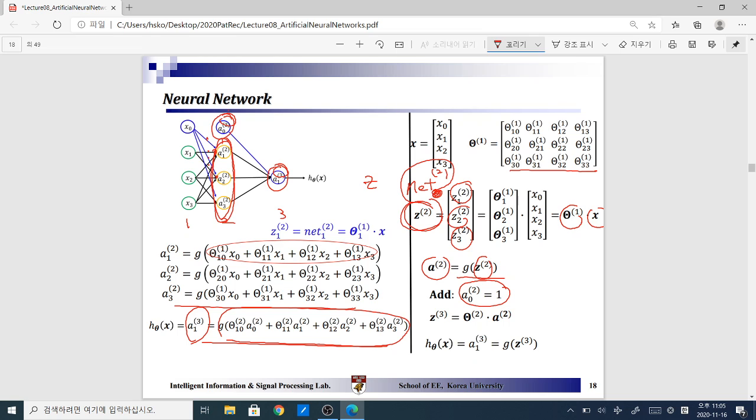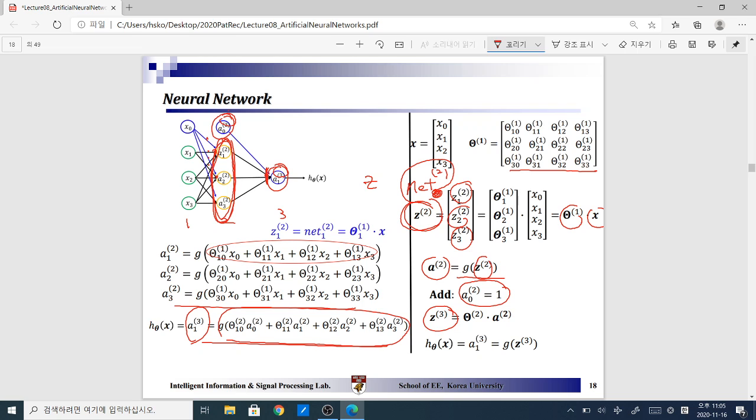So that's going to produce Z3, which would be the net values or the weighted sum of these new features, which is computed in terms of the neuron outputs, A's.